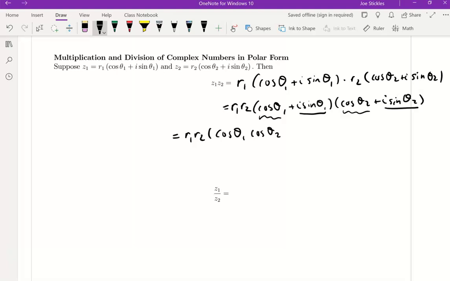Not a trick question. Then you get i squared, and then you'll get what else? Sine squared? No, it's not quite sine squared because there are different things on the inside. So it's just sine of theta 1 times sine of theta 2. What's i squared the same thing as? Negative 1, right? So I can actually write this as minus sine theta 1 sine theta 2.